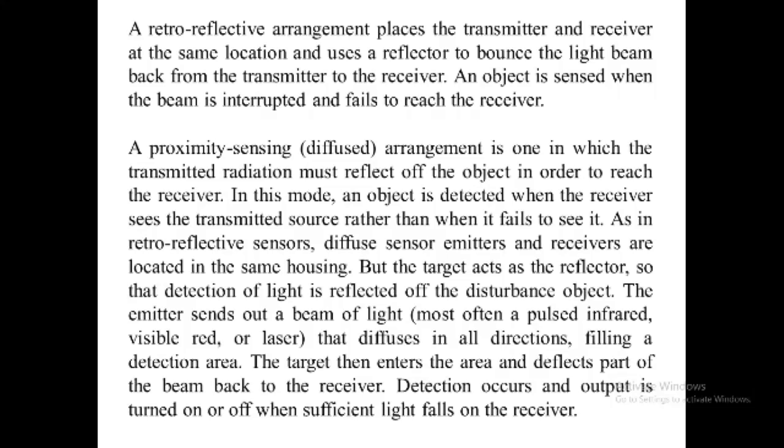The second sensor is the retroreflective sensor. In retroreflective sensing, both the light source and the receiving device are found in the same housing. The sensor works in tandem with a reflector. The light emitted from the sensor is aimed at the reflector, which sends it back to the light receiving element. The sensor detects the presence of an object when the light path is interrupted.